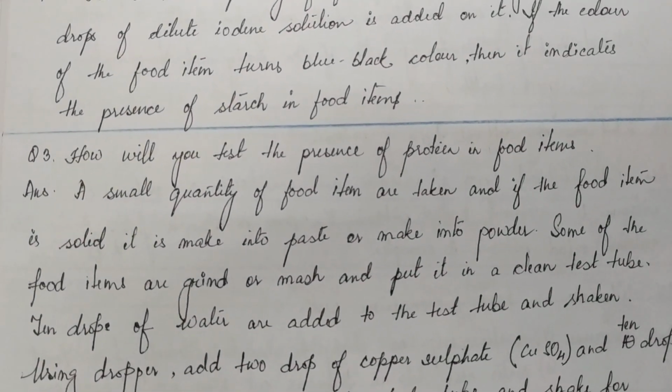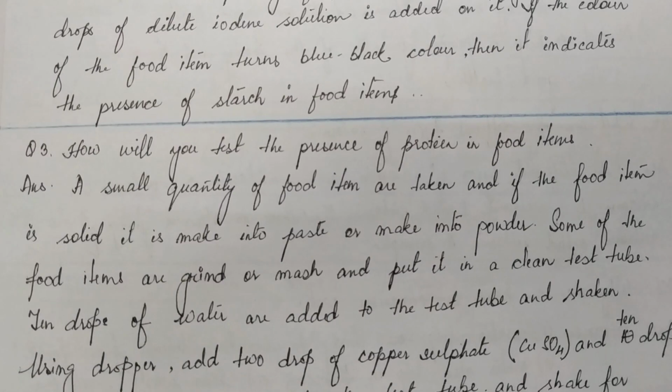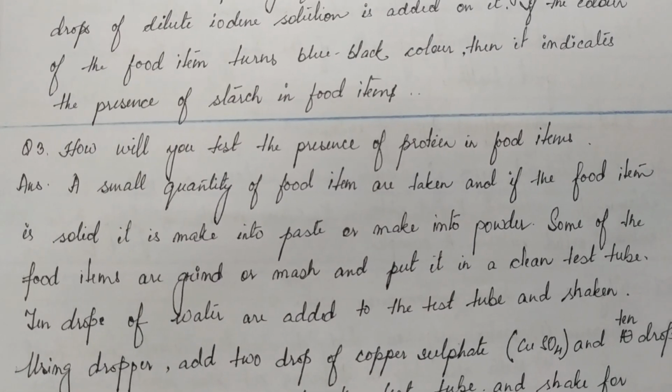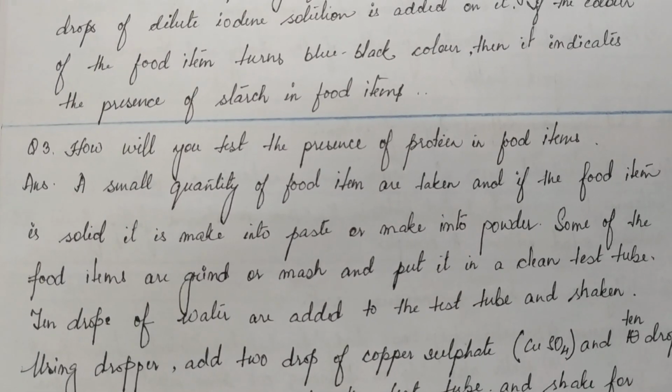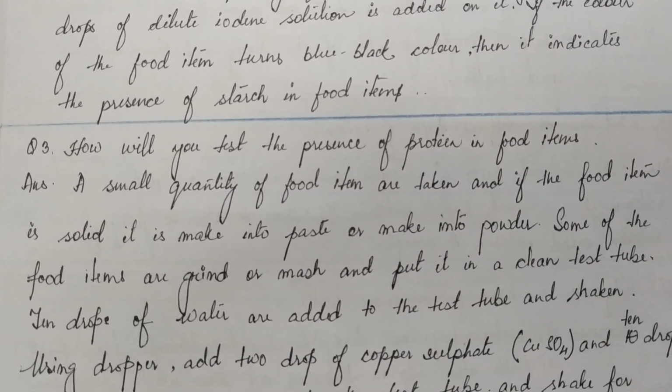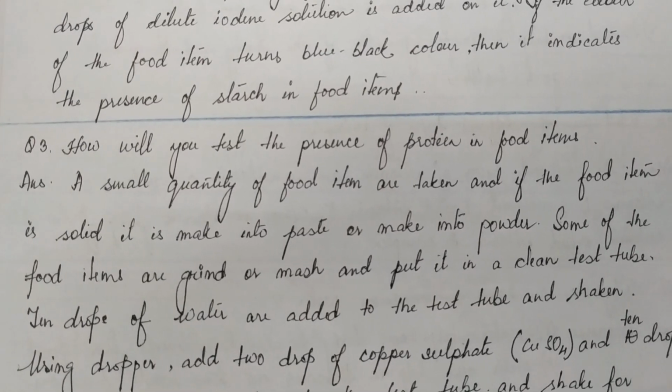How will you test the presence of protein in a food item? A small quantity of food item is taken, and if the food item is solid, it is made into paste or made into powder.